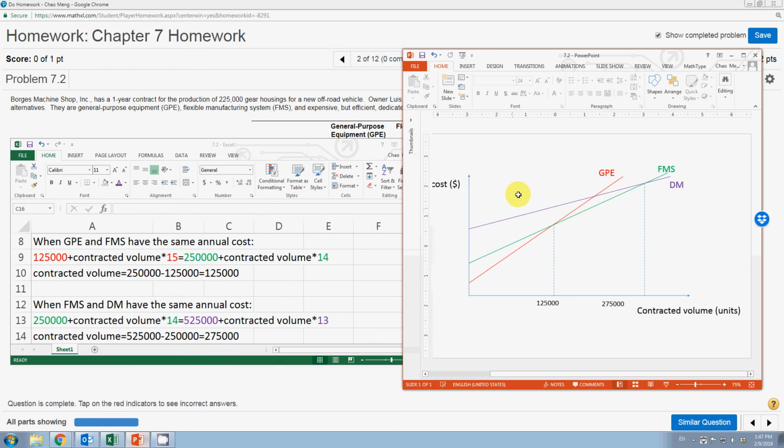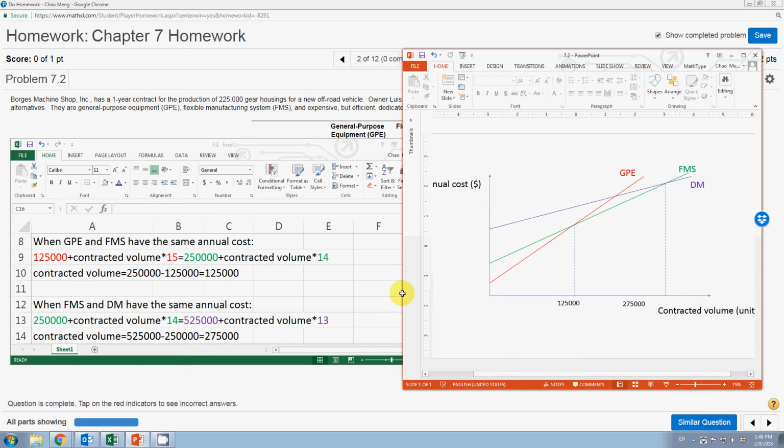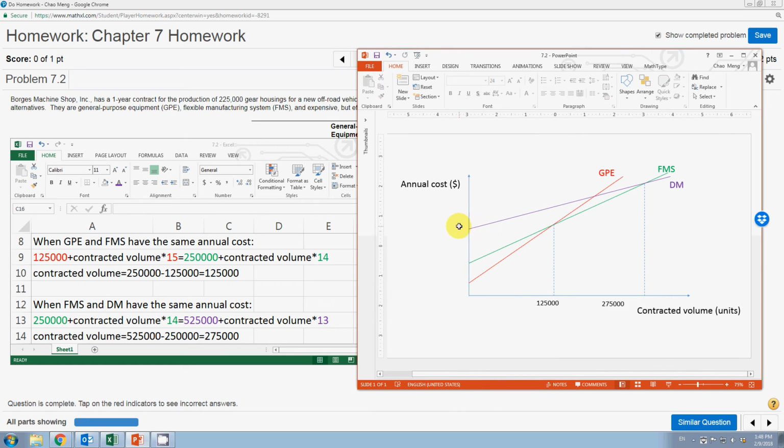So if we look at this figure, let's visualize this result. Okay, so we have three lines here. The red one is for the GPE, and the green one is for the FMS, which is the second option. The third option is a dedicated machine. So if the volume is below this point, among those three lines, the red one has the lowest cost.